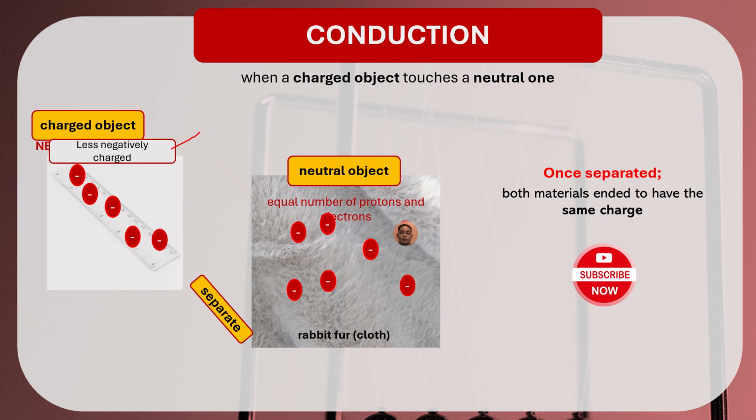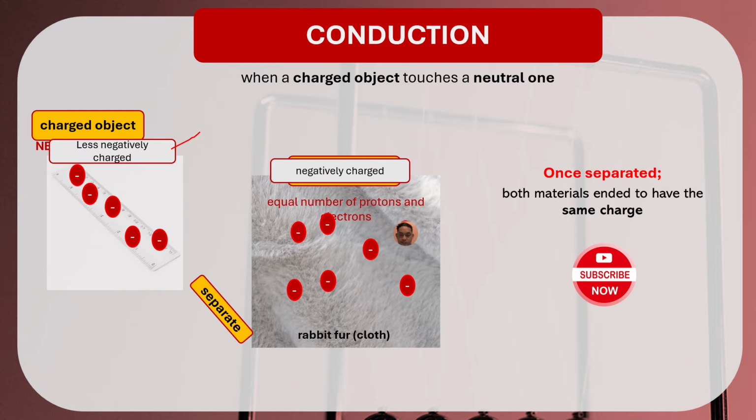And what happens to the neutral object, since it accepts some electrons from the plastic ruler? It gains electrons. There is an additional number of electrons, making it more negative than before. From neutral, it becomes negatively charged.